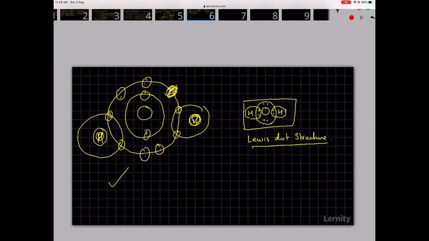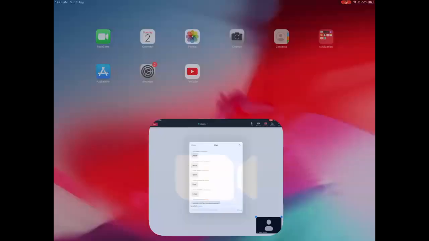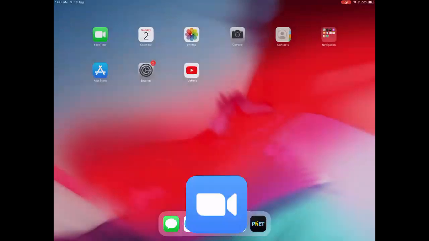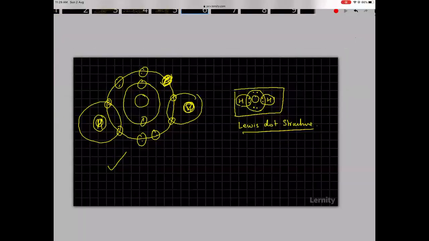Okay, is it clear? So these bonds are formed by the overlapping of outermost shells. These are called the covalent bonds. Covalent bonds are formed by the overlapping of outermost shell.